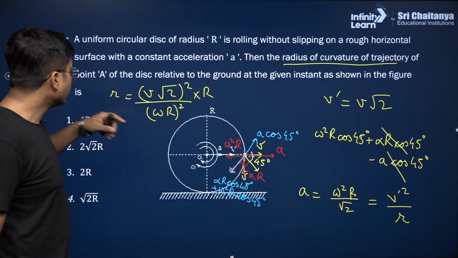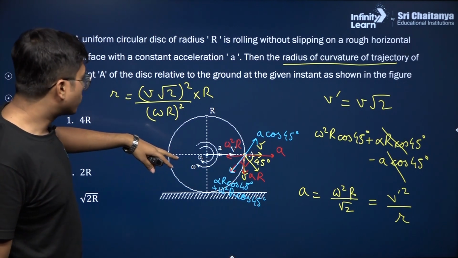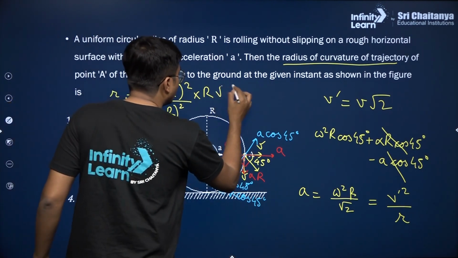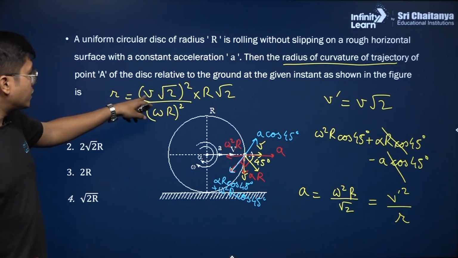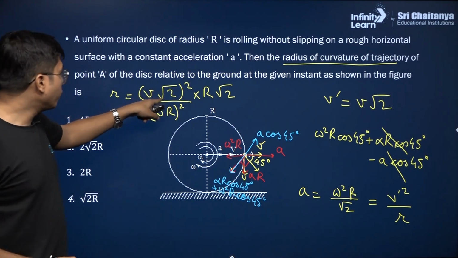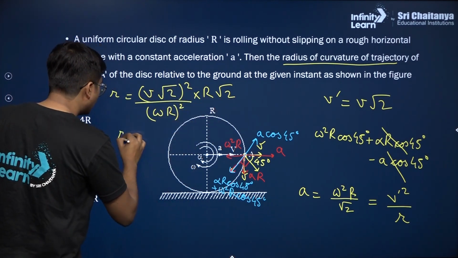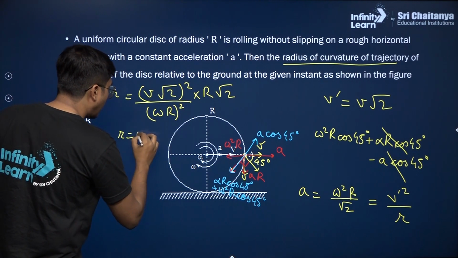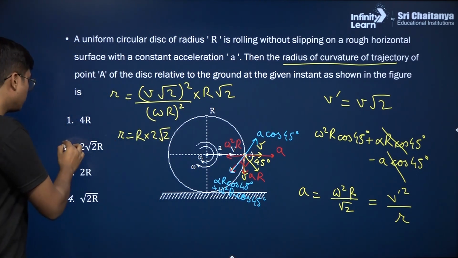There's also the root 2 over here. So here omega r is equal to v, which means they are going to cancel out, and you have root 2 square, that is 2, and another root 2 here. So your small r becomes equal to r into 2 root 2. So your correct option is option 2 here.